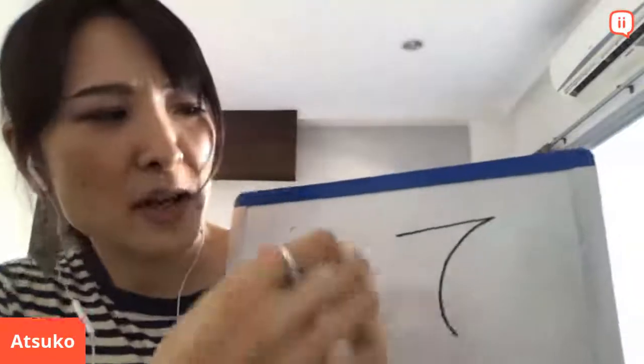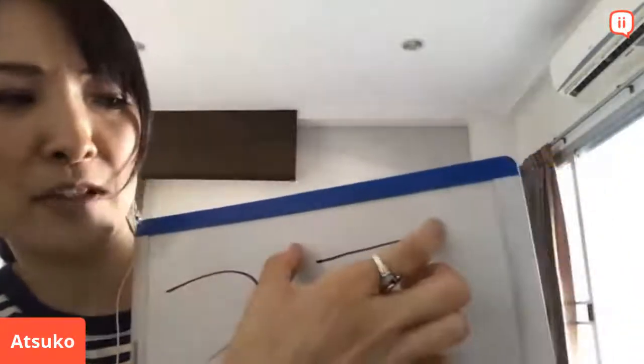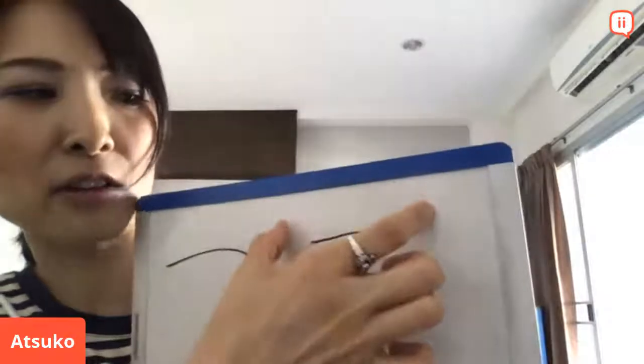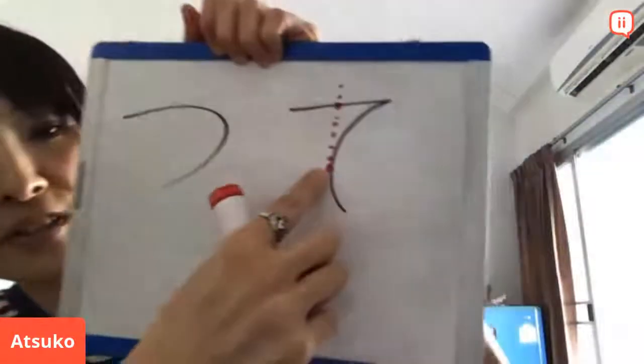Kachitsuke. There is only one stroke. Many people write this part very short, but actually it's long. And next curve go through this point. Okay?